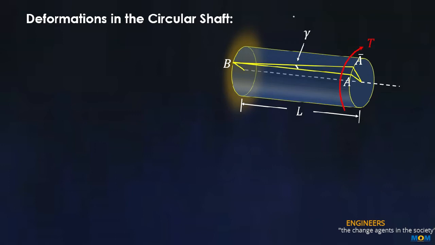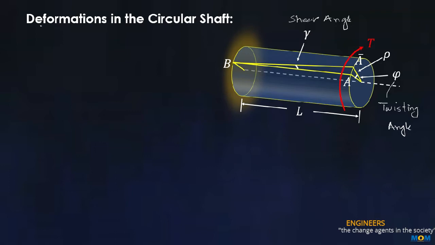Here this gamma is the shear angle, which is the shear strain. At the same time, there is also a twist, and this phi is the twisting angle. And this rho is the distance from the point to the axis of the shaft.